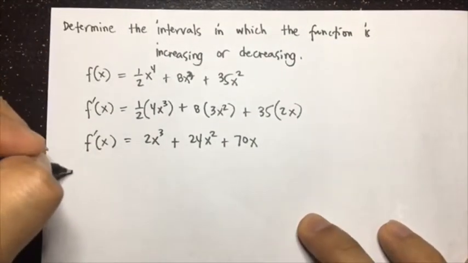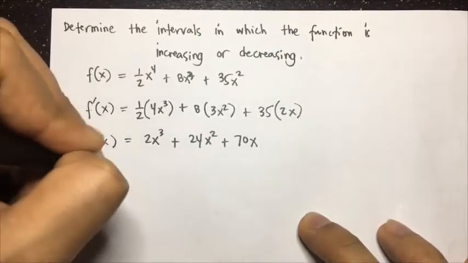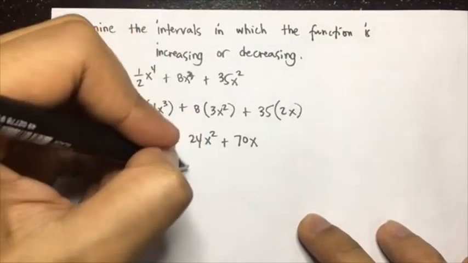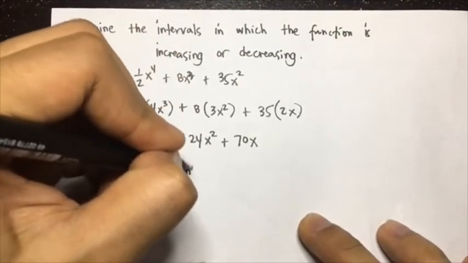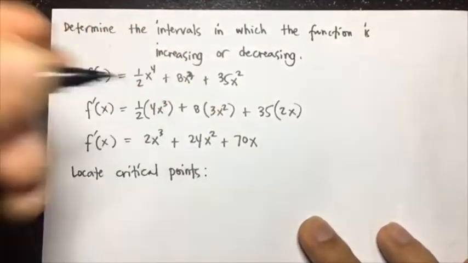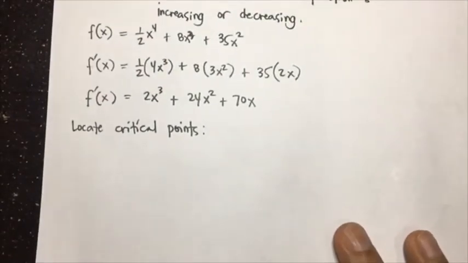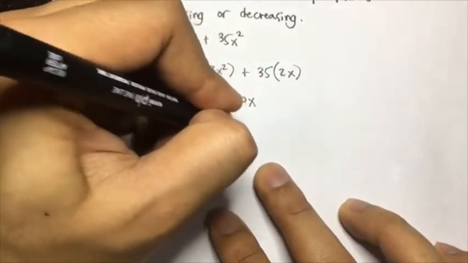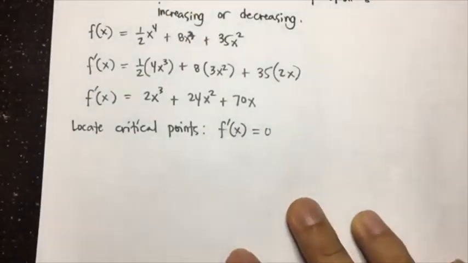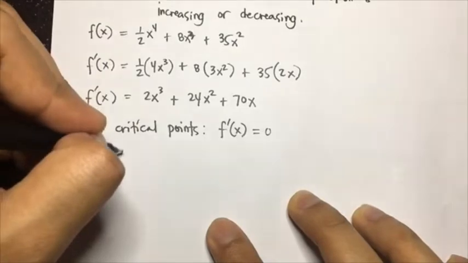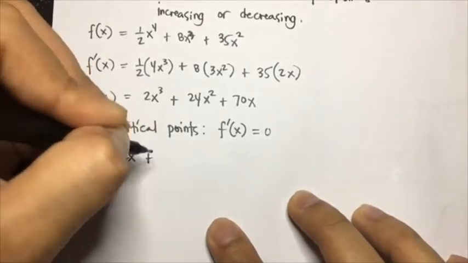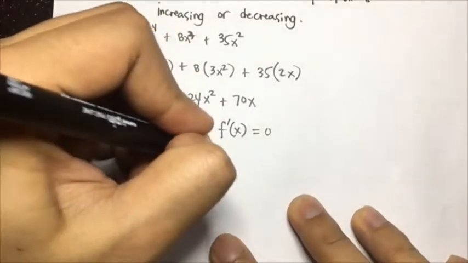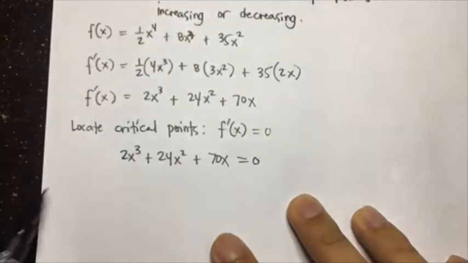Okay, so the next is locate critical points. Again, the critical points will divide the intervals, so that's why we need to locate them. The critical points will be obtained by equating the first derivative to 0. So we will have 2x cubed plus 24x squared plus 70x is equal to 0.